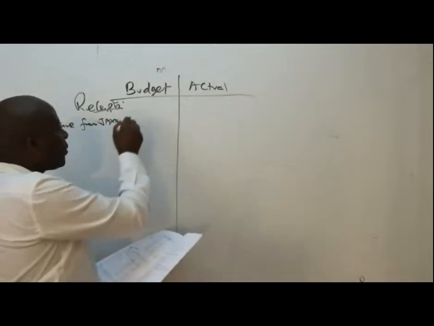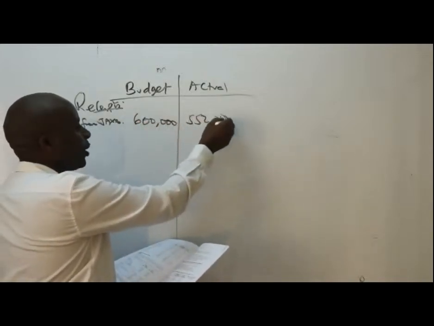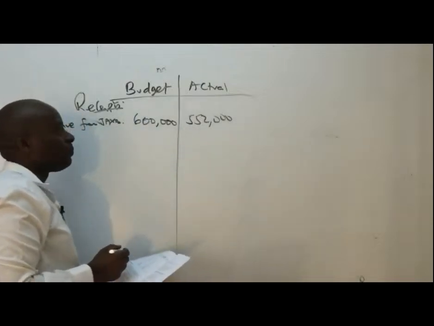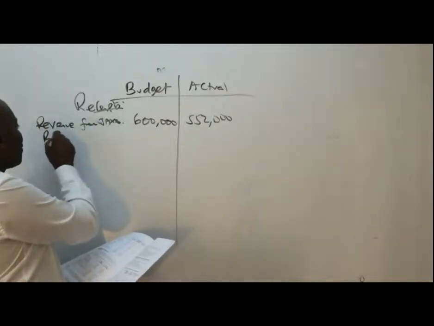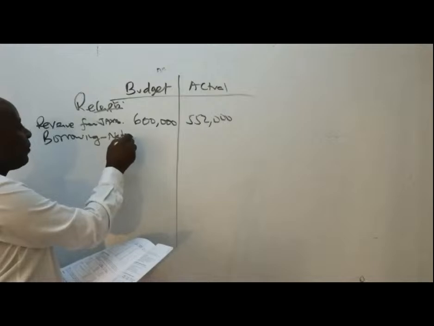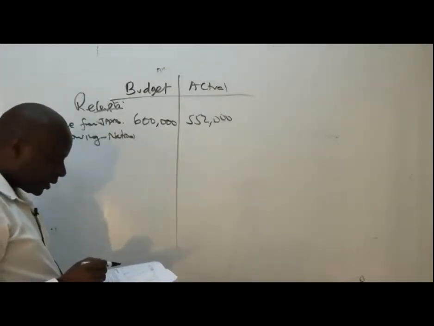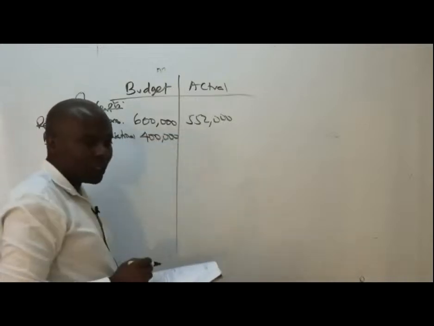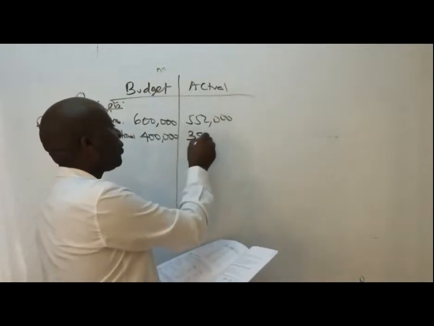We have 600,000 here, and then we have 552,000 for the actual. And then we have borrowings from national government. So we intended to borrow 400,000, but we ended up borrowing 380,000. We could only get 380,000.